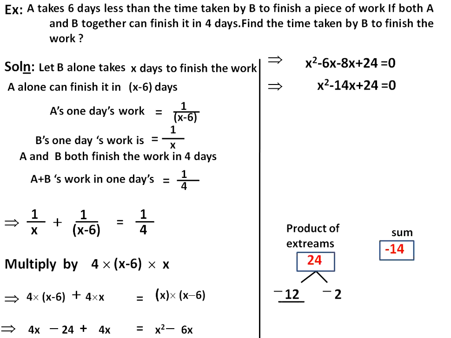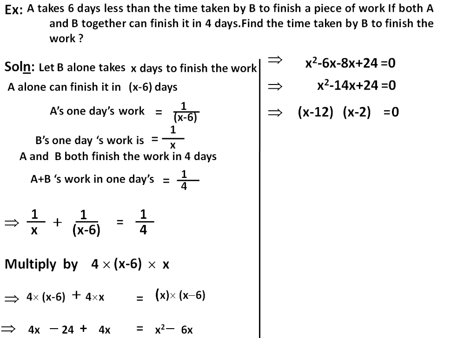Now the coefficient of x square is 1, therefore divide by 1. It implies x minus 12 in one bracket and x minus 2 in another bracket is equal to 0. Then x minus 12 is equal to 0, that is x equal to 12, or x equal to 2.